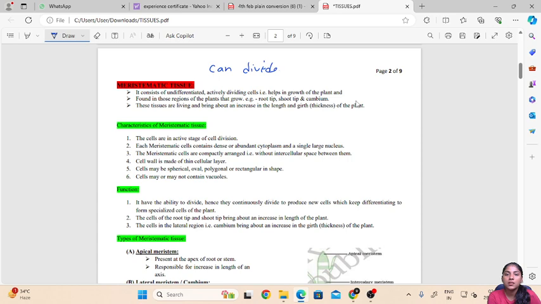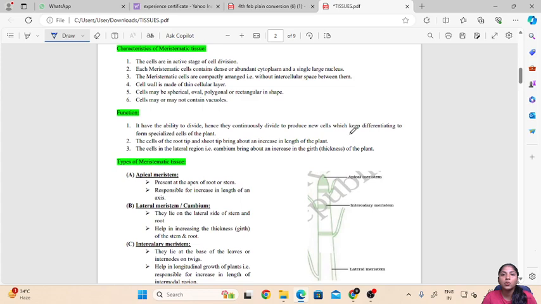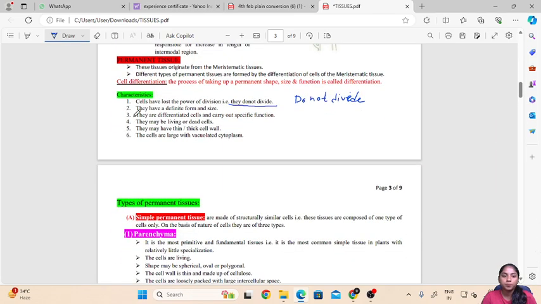We have already seen this. The meristematic cells or meristematic tissue divide and their function is to increase the growth or length of the plant.